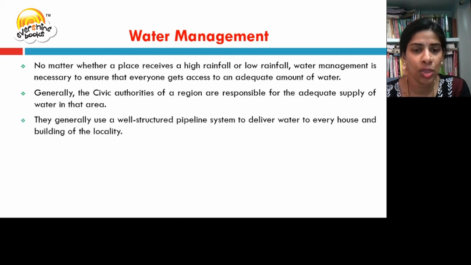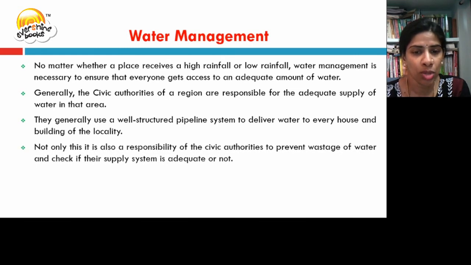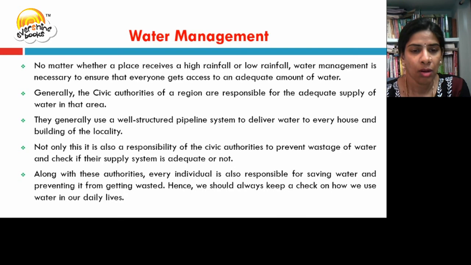They generally use a well-structured pipeline system to deliver water to every house and building of the locality. It is also the responsibility of the civic authorities to check the wastage of water and also the supply system. Every individual is also responsible for saving water and preventing it from being wasted. We should always keep a check on how we use water in our day-to-day lives.